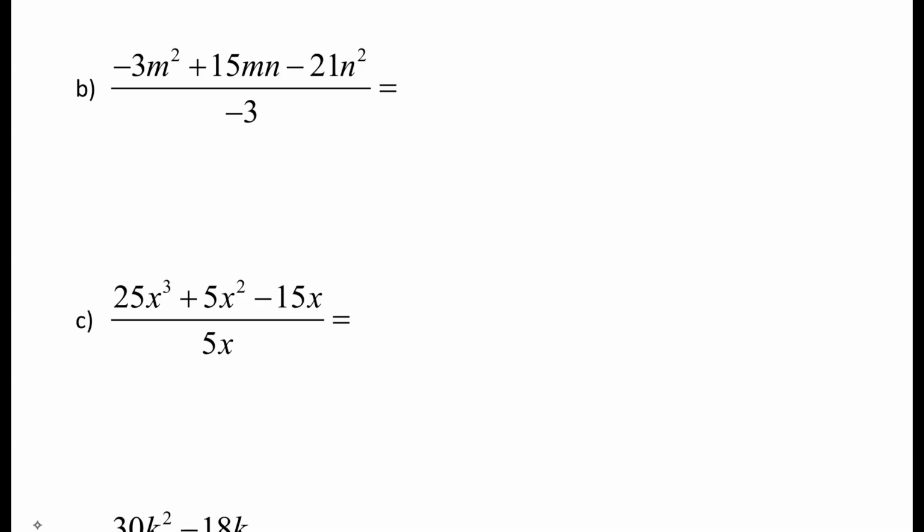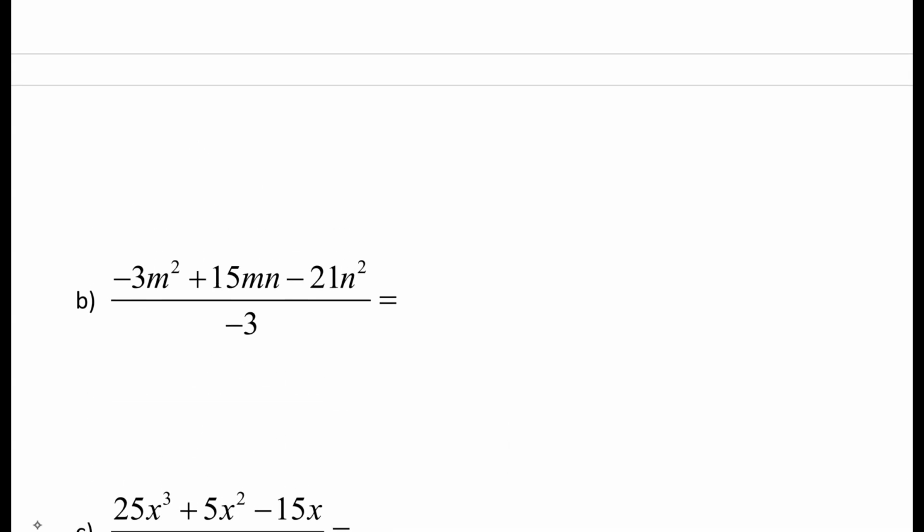Looking at B on the next page, we have negative 3m squared plus 15mn subtract 21n squared, all divided by negative 3. Now, an important thing to make note of is the answer should have the same number of terms as the numerator. So if you have 3 terms in your numerator on this one here, your answer should also have 3 terms as well.